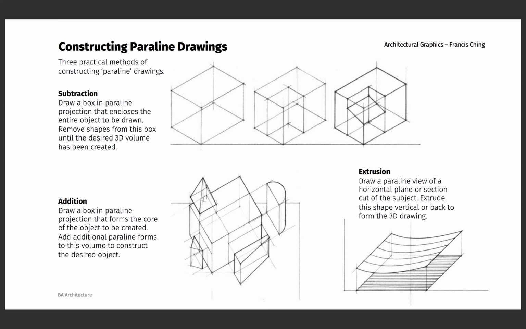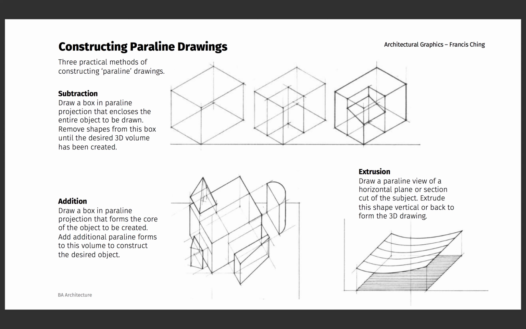And here's Francis Ching in his book, Architectural Graphics, explaining how you then begin to construct more complex objects, buildings, spaces from a basic cube or a basic rhomboid construction. So you rotate it. The top one's an isometric, and the bottom on the left happens to be plan oblique.